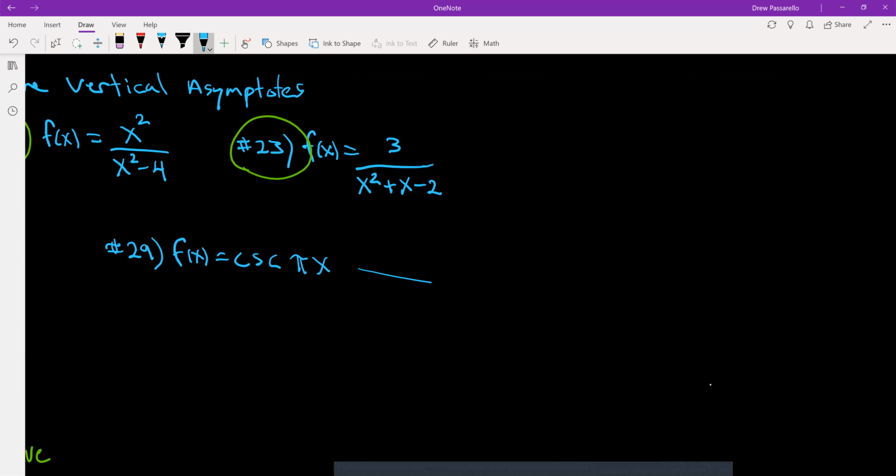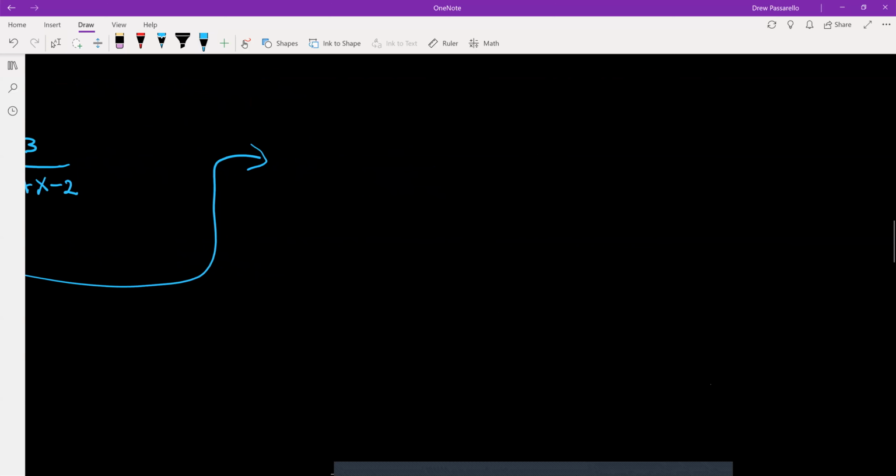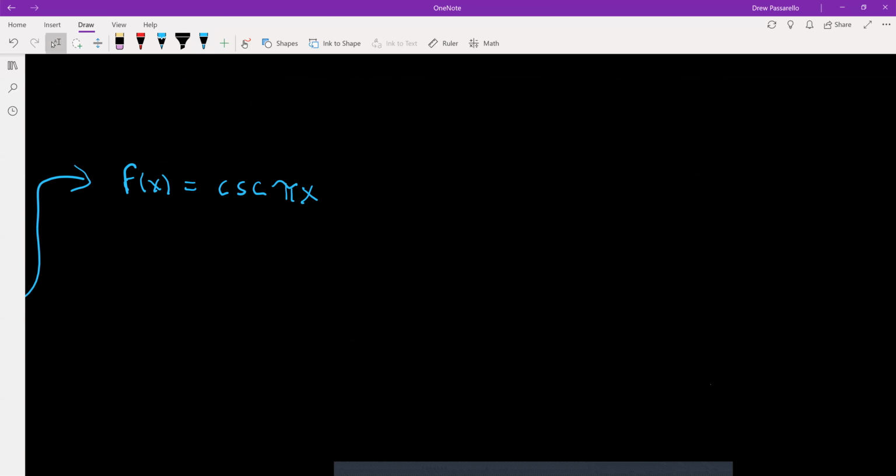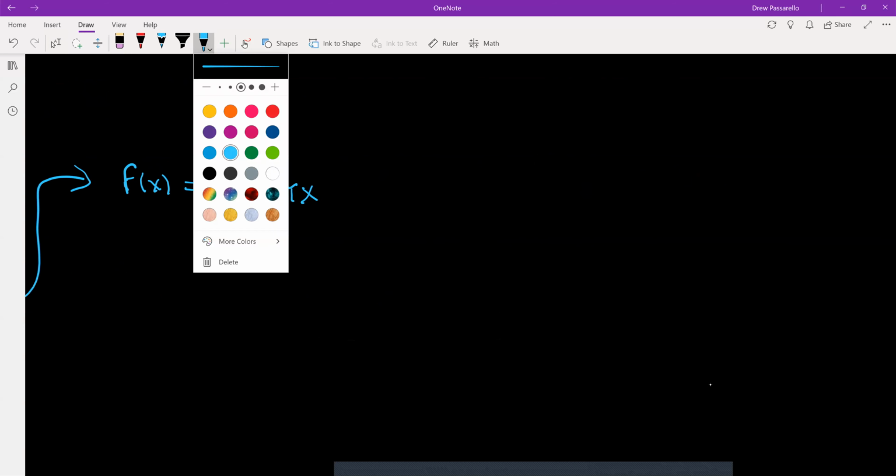Okay, so I'll do this over here. Now notice they don't give us any restrictions on x. So this thing's going to oscillate.